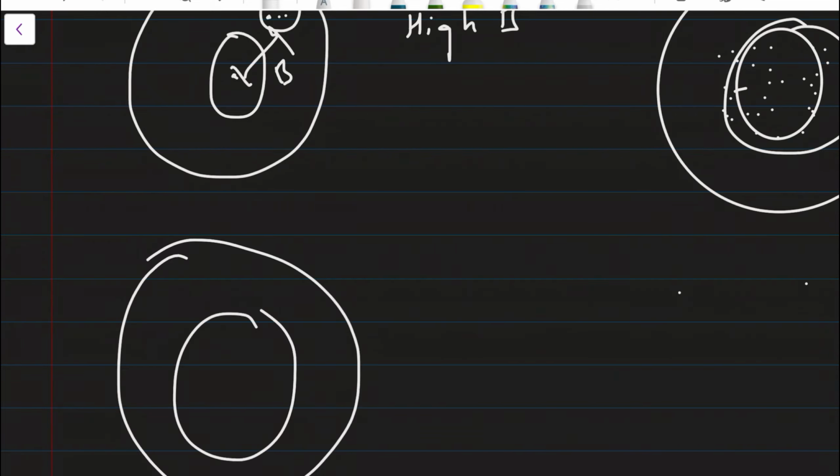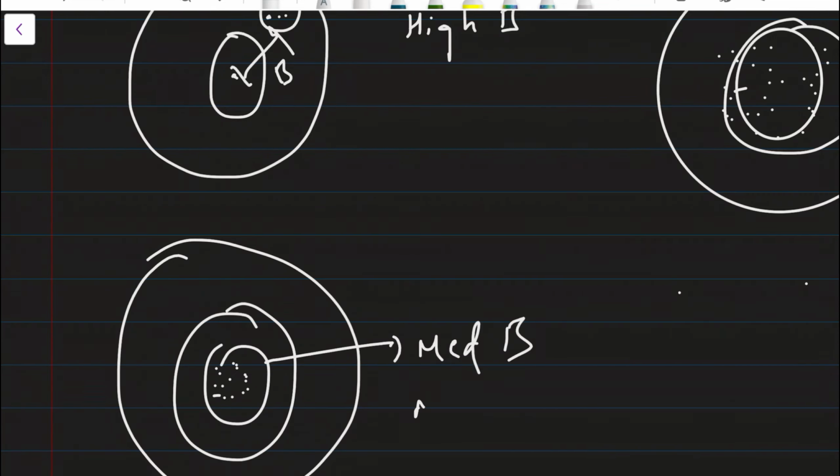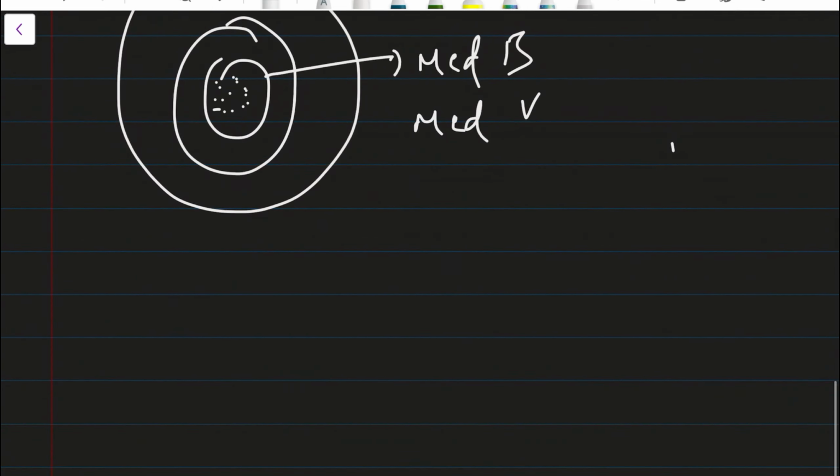So this is the bias variance trade-off. How is it related to underfitting and overfitting, and how can we find the balanced model?